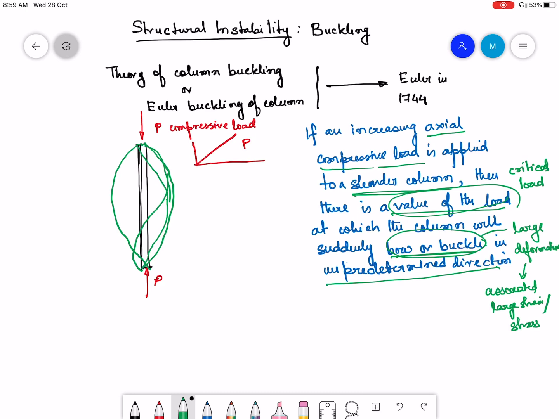And this whole thing, this critical load, is most often much below the failure load, the compressive failure load.